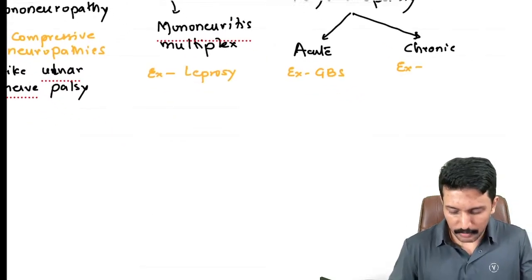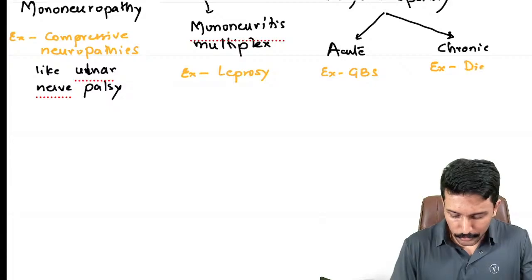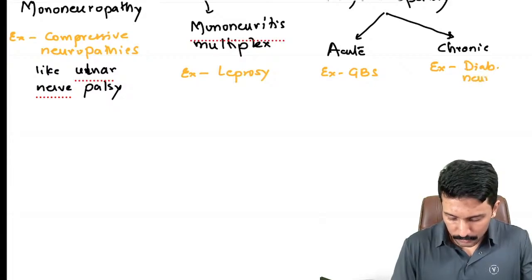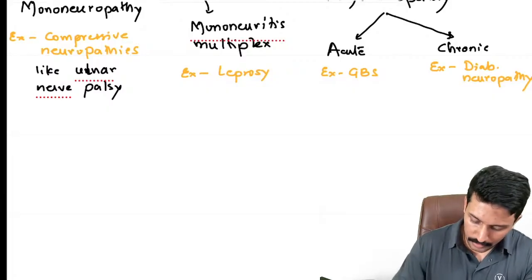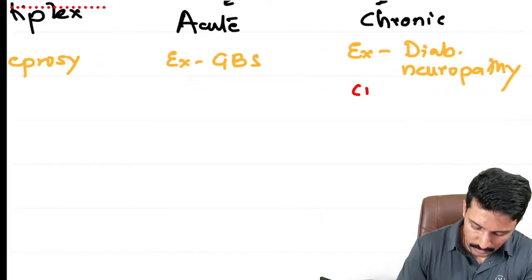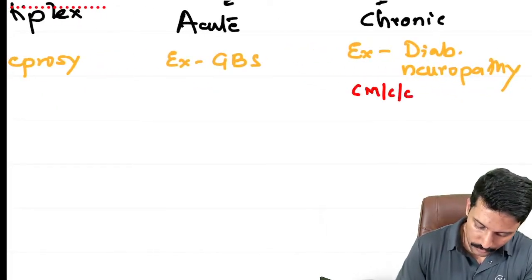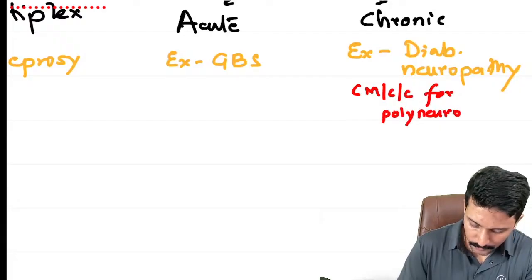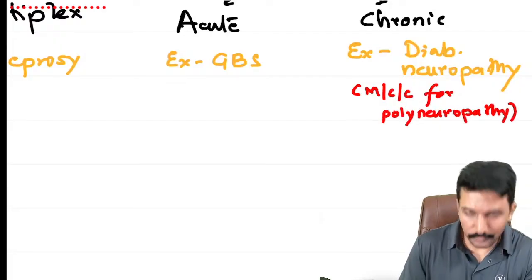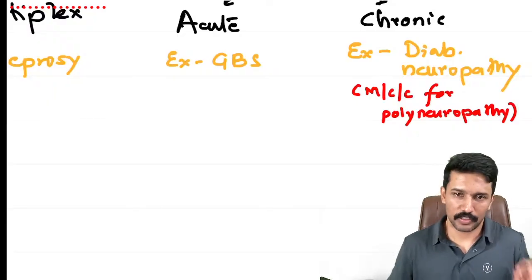For chronic we have multiple examples. Diabetic neuropathy is the most common cause for polyneuropathy. Almost every doctor will see one or the other diabetic neuropathy case for sure.